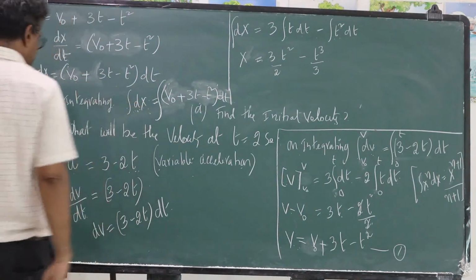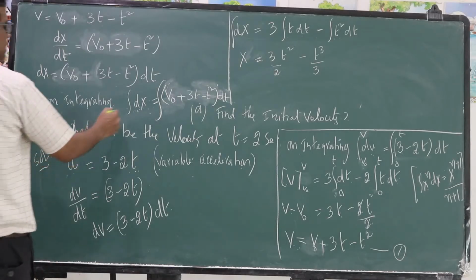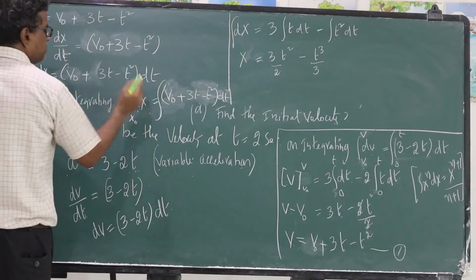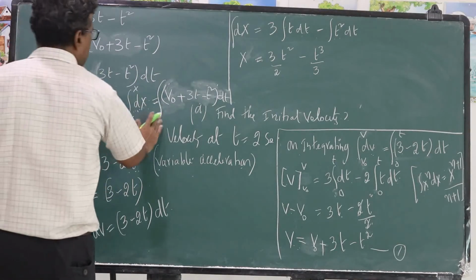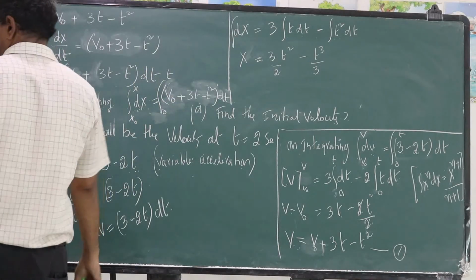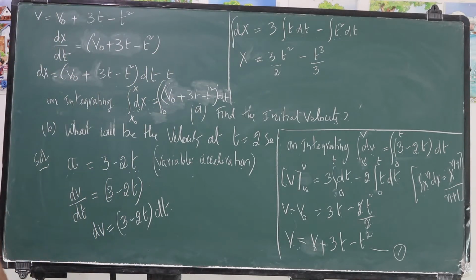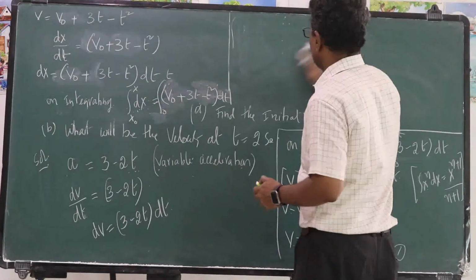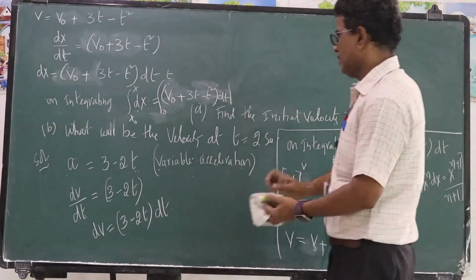Integral dx, you substitute with the proper limits once again: x naught to x, and t from 0 to t. I am just writing this one here.